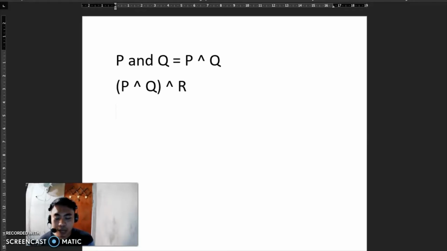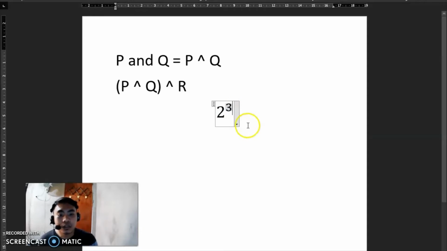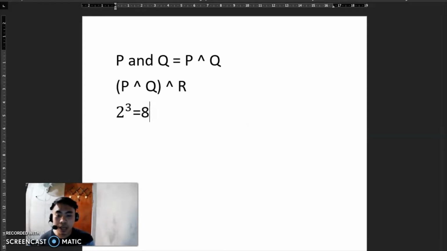So, di ba ang formula natin dun kanina ay 2 raised to n. So, gagawin lang po natin 2 cube, wherein 2 cube is equal to 8. So, ibig sabihin, since 8 po ang elements natin, we have 4 true and 4 false.